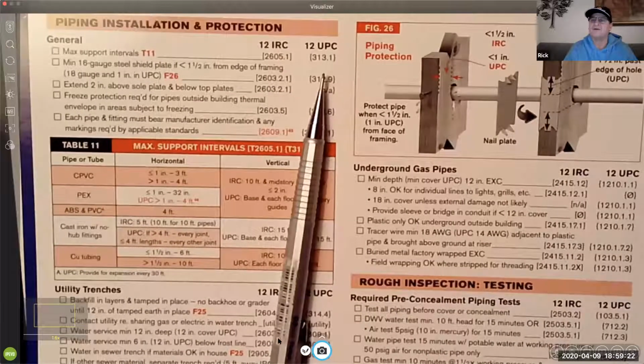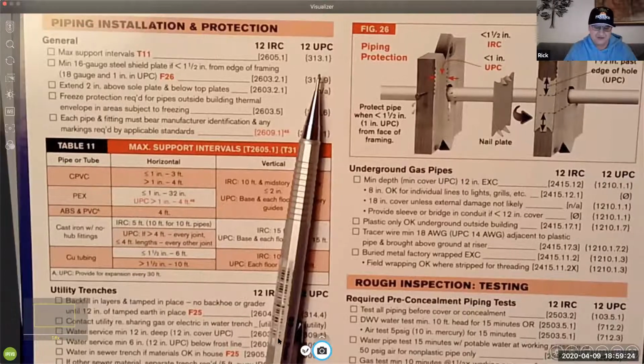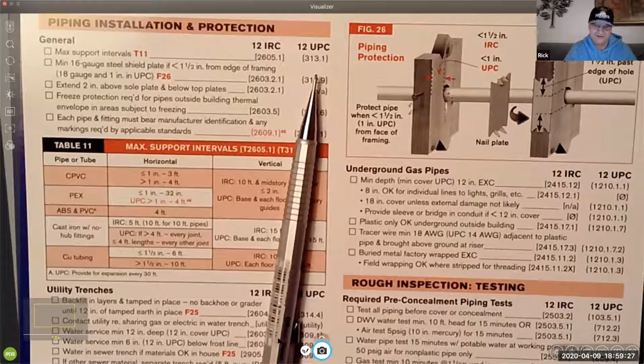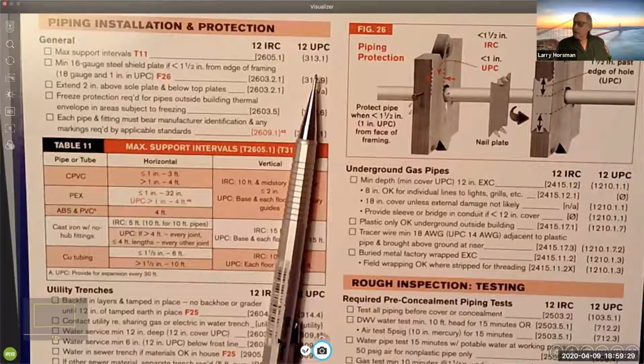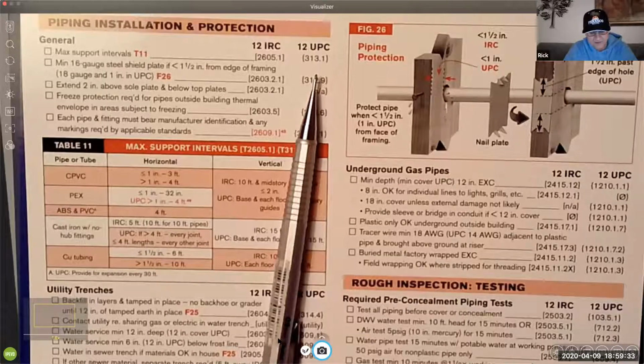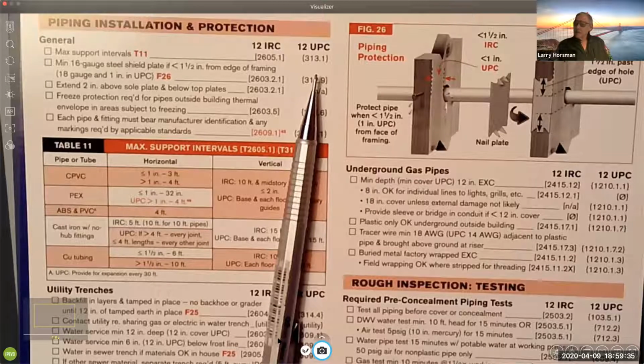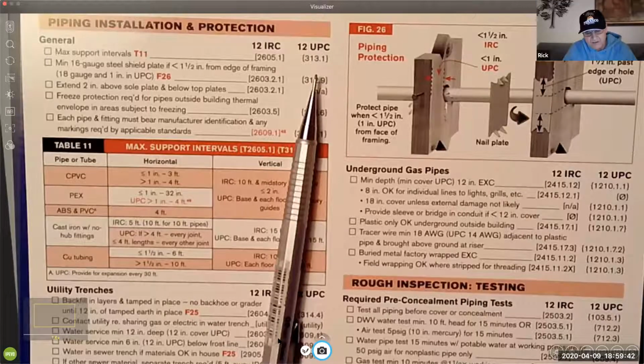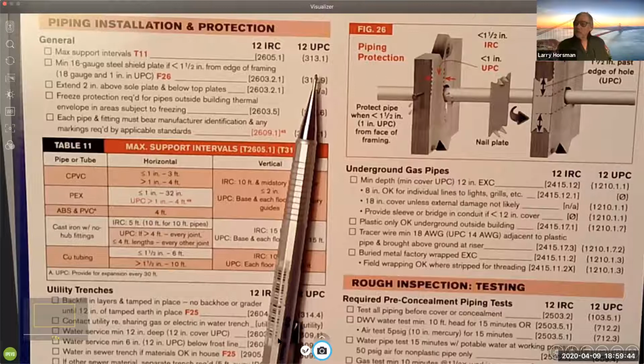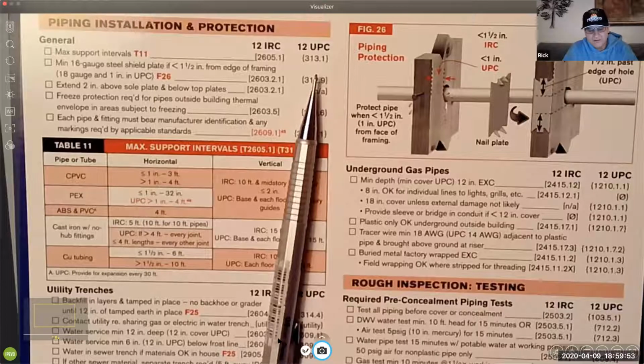Yeah, that drawing right there, it shows in our book the UPC minimum extension 1.5 inches. Yeah, well, what they're talking about there, though, is that nail plate. See, that's the vertical. The first one is the offset from the pipe itself, horizontally. Okay. And the other one is the distance vertically that the nail plate is supposed to extend beyond the hole for the pipe. Really? That's why they've got two different holes.